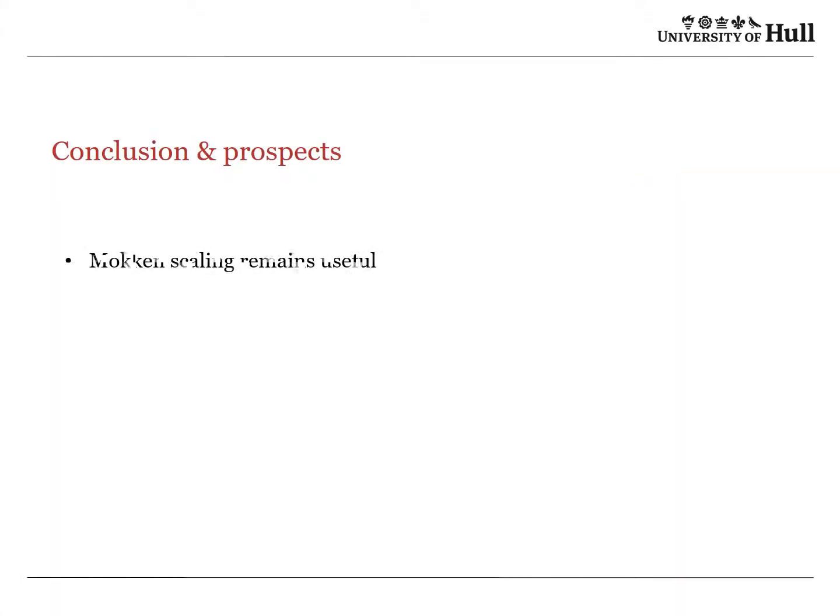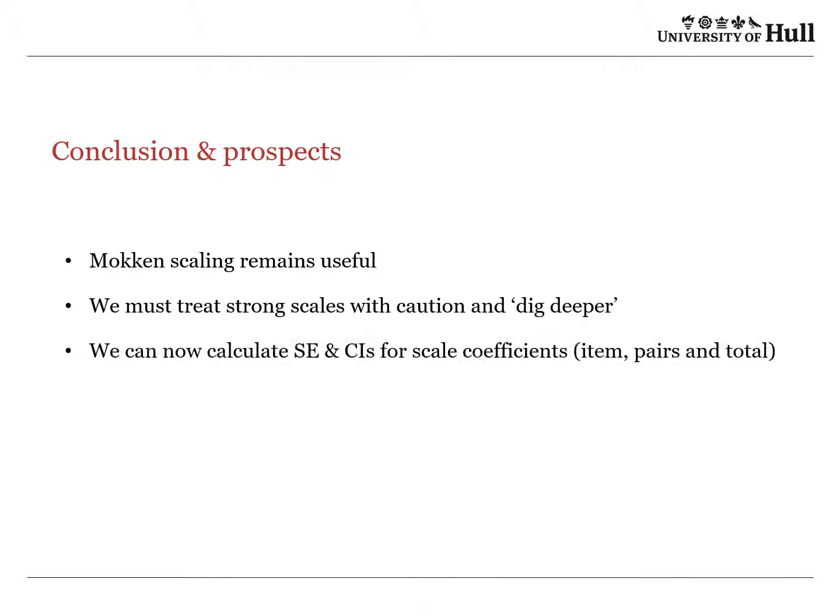So the conclusions and prospects, well, Mokken scaling is useful and remains very useful. It's being developed all the time. We must treat strong scales with caution and dig deeper, look at the items and don't just interpret the strength of the scale naively. We can now calculate standard errors and confidence intervals for scale coefficients for individual item pairs and for the total scale, and this could prove to be very useful.